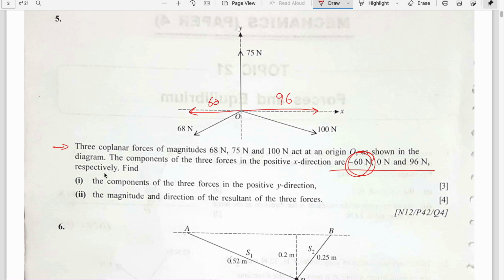And then it says, respectively find the component of the three forces in the positive y direction. So one by one, what is the component of the 75 force in the y direction? That is 75, because this is perfectly vertical. What about this 68 Newton force?